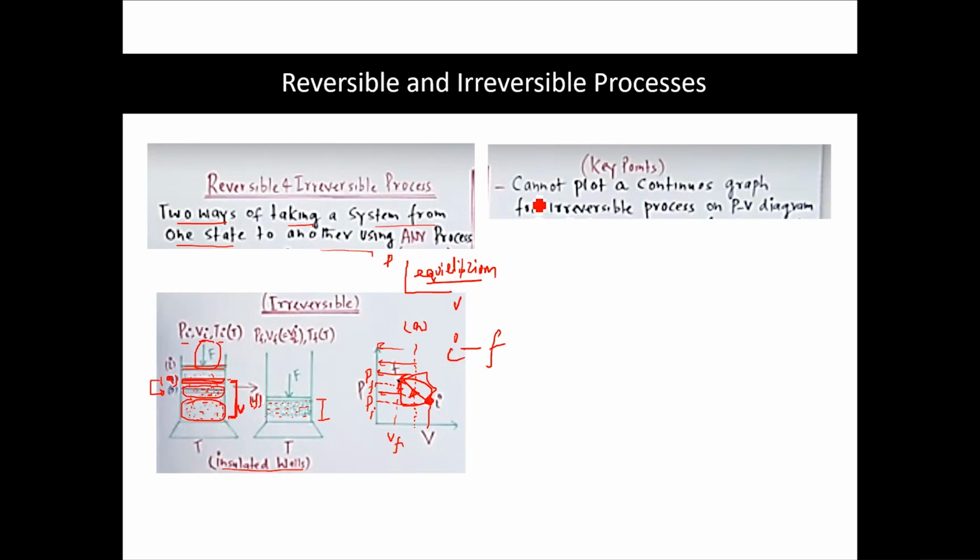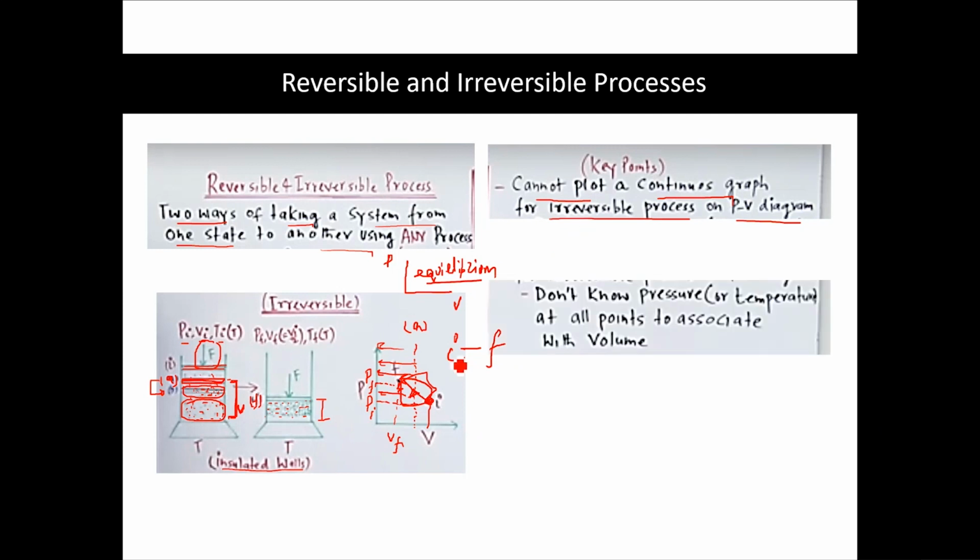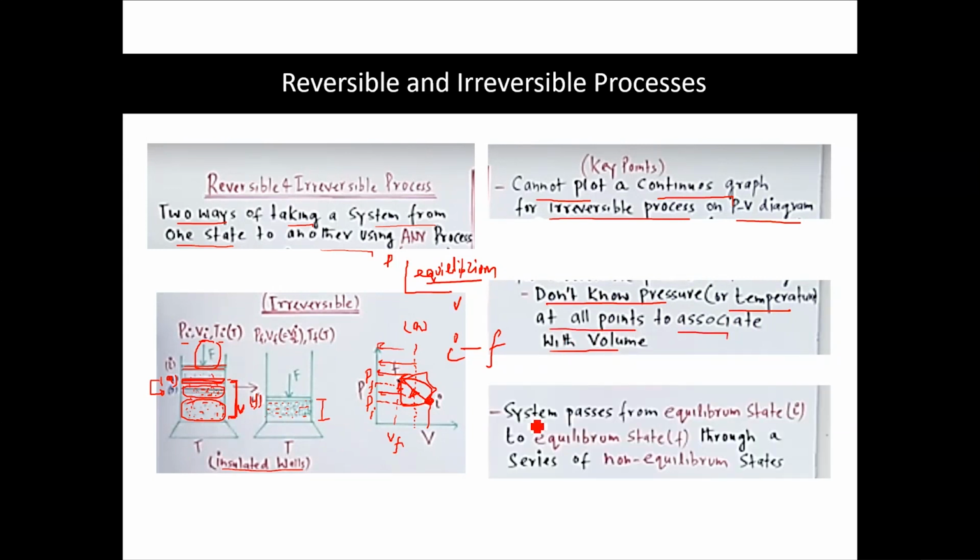In simple words, you cannot plot a continuous graph for an irreversible process on a PV diagram, specifically because your system does not remain in equilibrium at all times. Again, you don't know the pressure or temperature at all points to associate with the volume change. In other words, for an irreversible process, the system passes from equilibrium state I to an equilibrium state F through a series of non-equilibrium states.